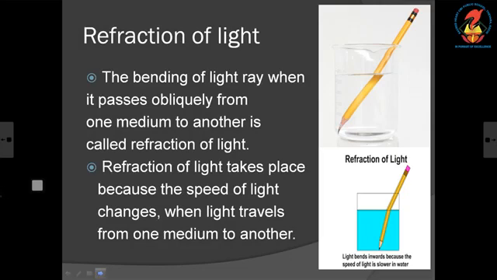Actually, refraction means the bending of a light ray when light travels from one medium to another. When light travels from one medium to another, the light ray will suffer a deviation from its original path. As we know, light travels in a straight line.